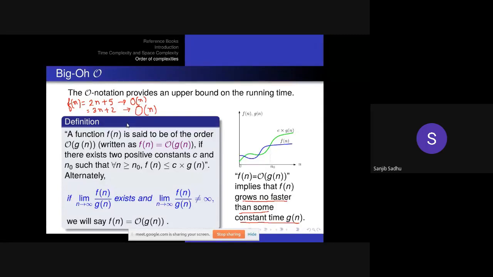So what do you mean by big O of n? Big O of n is basically a set, because this is also big O of n, and this is also big O of n. There are so many functions that can be big O of n.